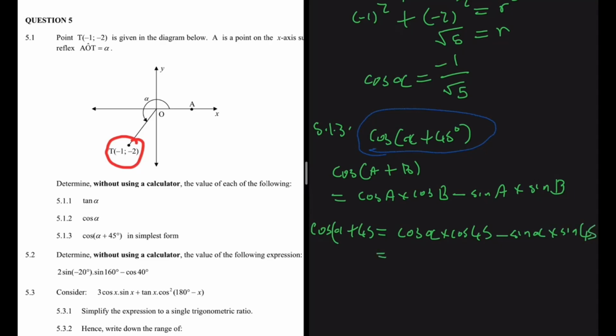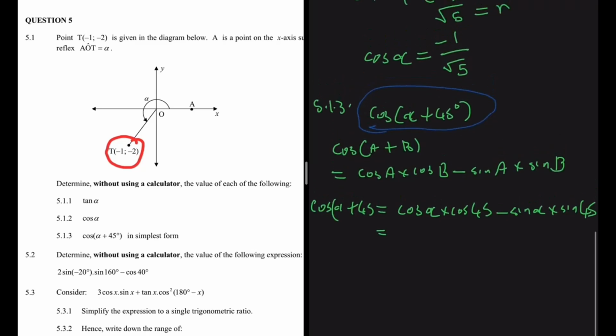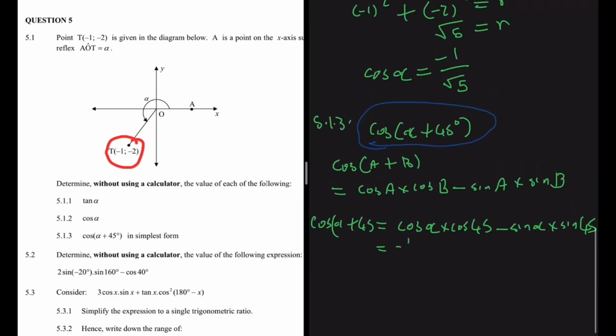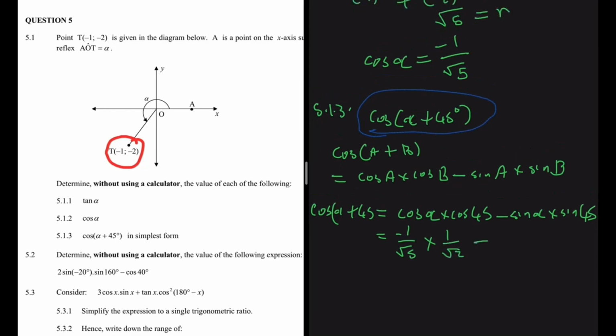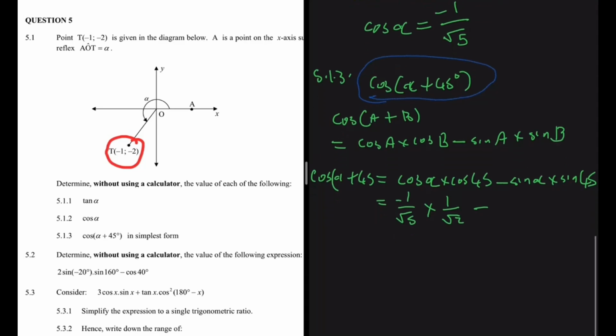So what is cos of alpha? We know fully well that that is minus 1 divided by the square root of 5. And then what is cos of 45? That is a special angle, right? That is 1 divided by square root of 2, minus sine of alpha, right? So what is sine of alpha? Again, let's go back to our definitions. We know that sine of theta is equal to opposite over hypotenuse.